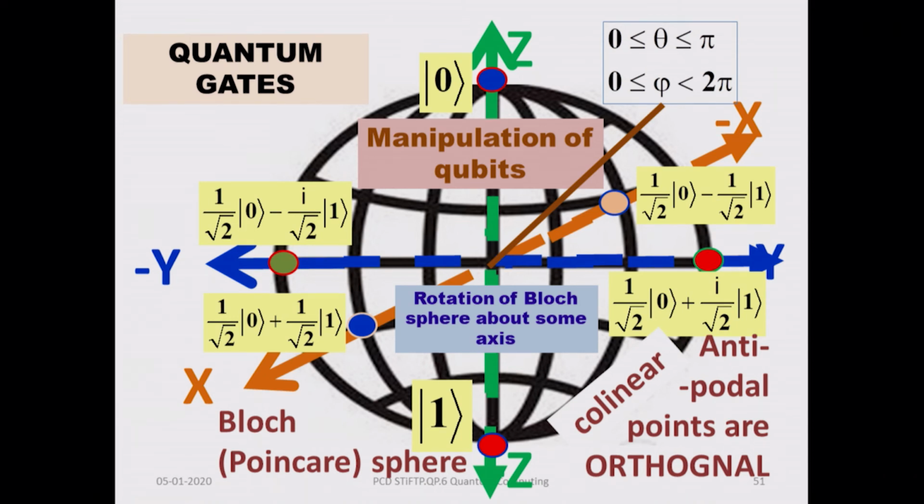So I don't think we need to worry about how we are going to visualize these rotations on a multi-dimensional Bloch sphere. So don't worry about it at this point. Just concentrate on the single qubit systems.